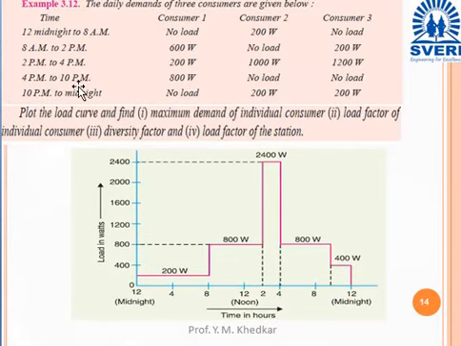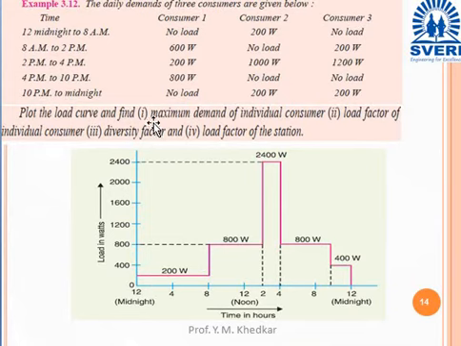Then between 4 pm to 10 pm, for 6 hours, 800 watt will be consumed by consumer number 1, and 10 pm to midnight it is once again 400 watt because consumer 2 is consuming 200 watt and consumer 3 is consuming 200 watt, so it will be 400 watt. In this way the load curve we have drawn.